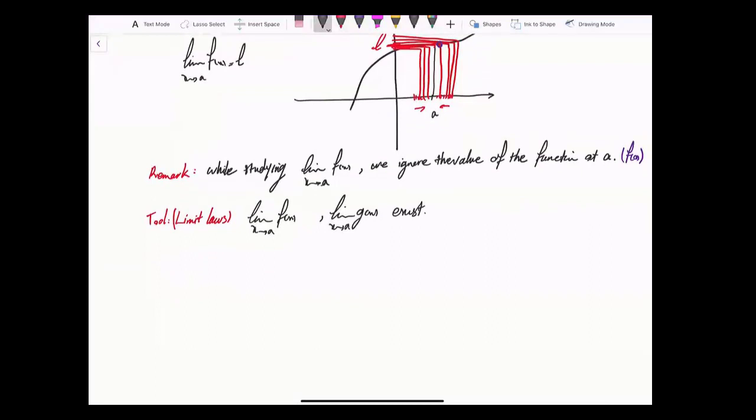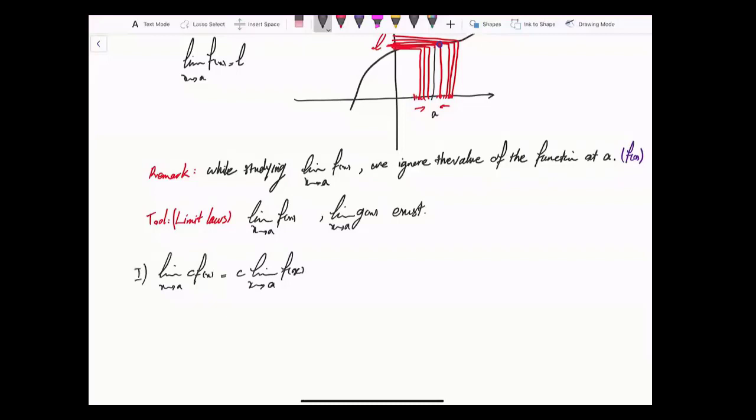Then we can make new functions out of these two functions. For example, we can multiply f by a constant c and then find the limit of that function. This will be c times the limit of f of x as x approaches a. So that's the first thing.